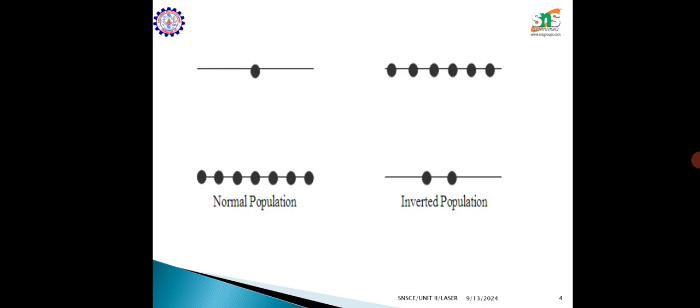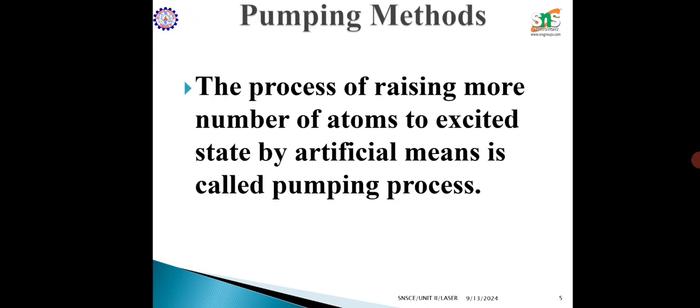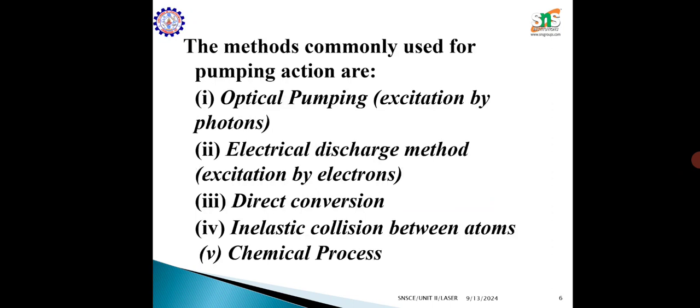Then how can we achieve this population inversion? Let's see. That is called the pumping methods. The process of raising the atoms from the ground state to the excited state by artificial means is called the pumping process. We have different methods of pumping.